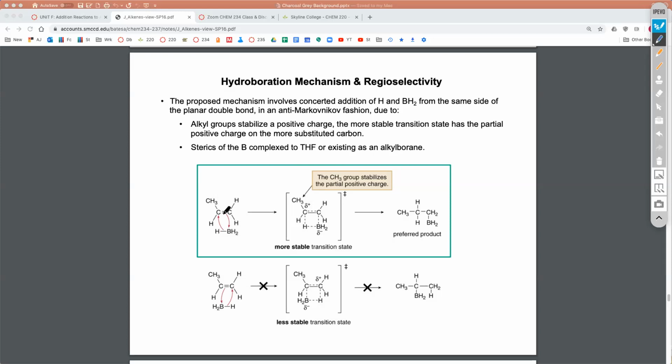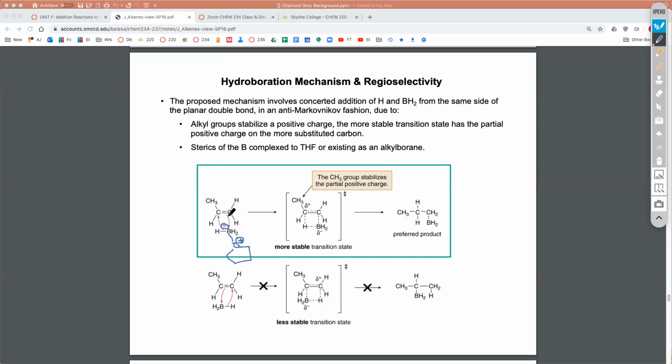Now, the boron certainly is just a little bit bigger than the hydrogen side, but more importantly, it is complexed to the ether. And it's the fact that it's complexed to the ether that makes it, one, more reactive, but also, as you can now see, this is a much bigger group. So the steric interference here is much more critical.